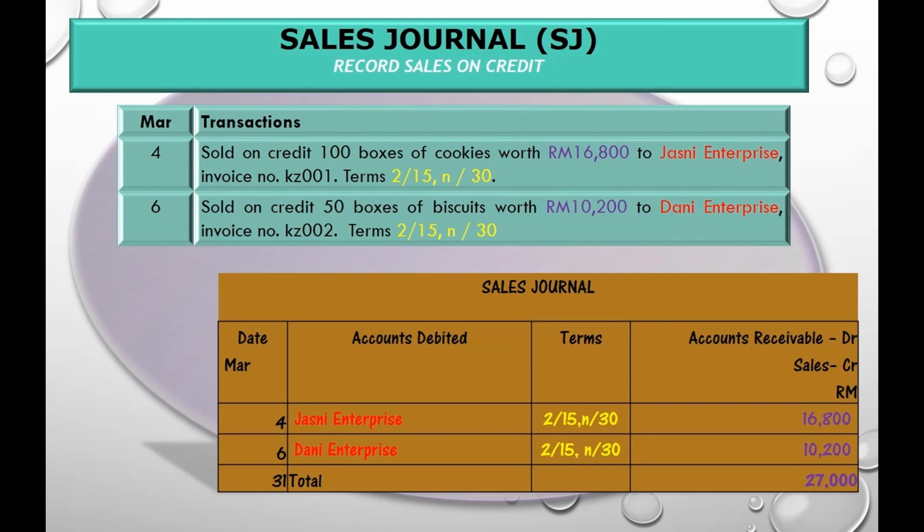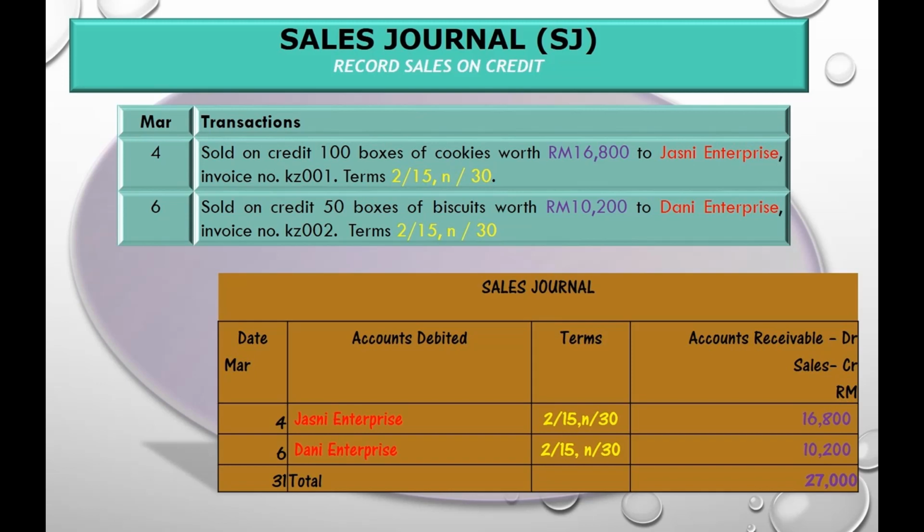Terms 2/15, N/30. On March 6th, sold on credit 50 boxes of biscuits worth RM 10,200 to Danny Enterprise, invoice no KZ002. Terms 2/15, N/30. Regarding the question, we need to fill in the table that was drafted.